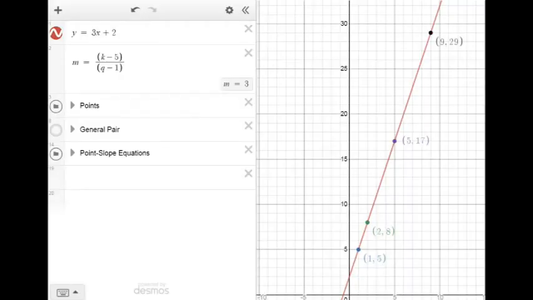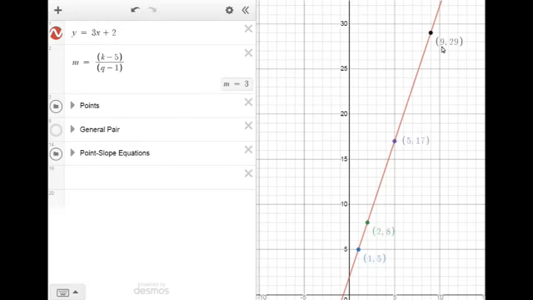We can look at a graph of our example equation that includes the points from our example. All those points sit on the line. We had 1, 5, 2, 8, 5, 17, and 9, 29. The line is a graph of y is equal to 3x plus 2, which was our linear equation.